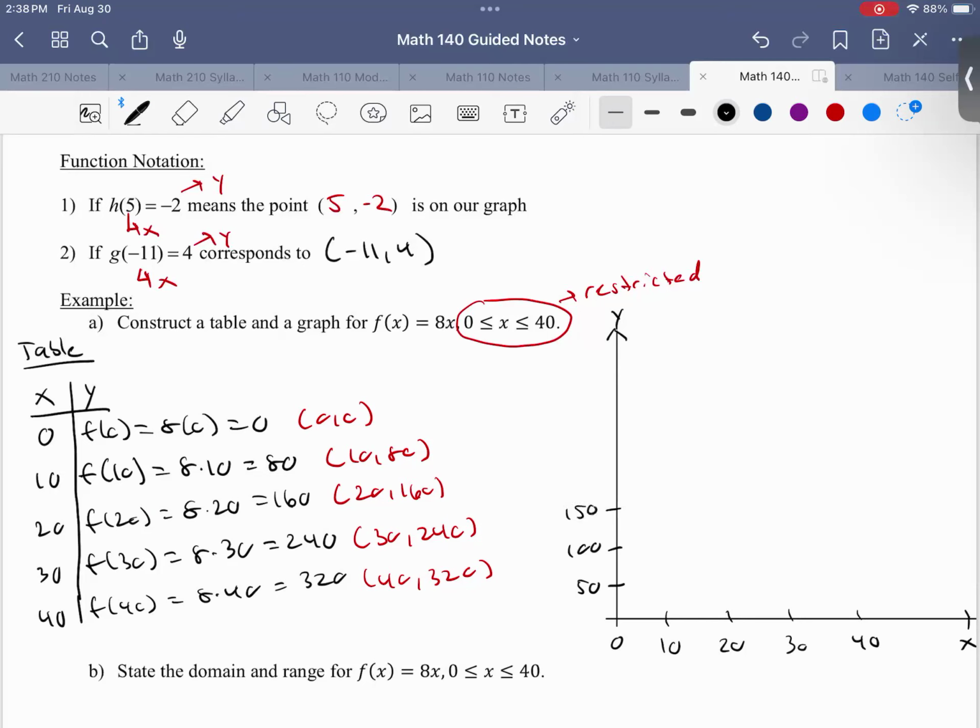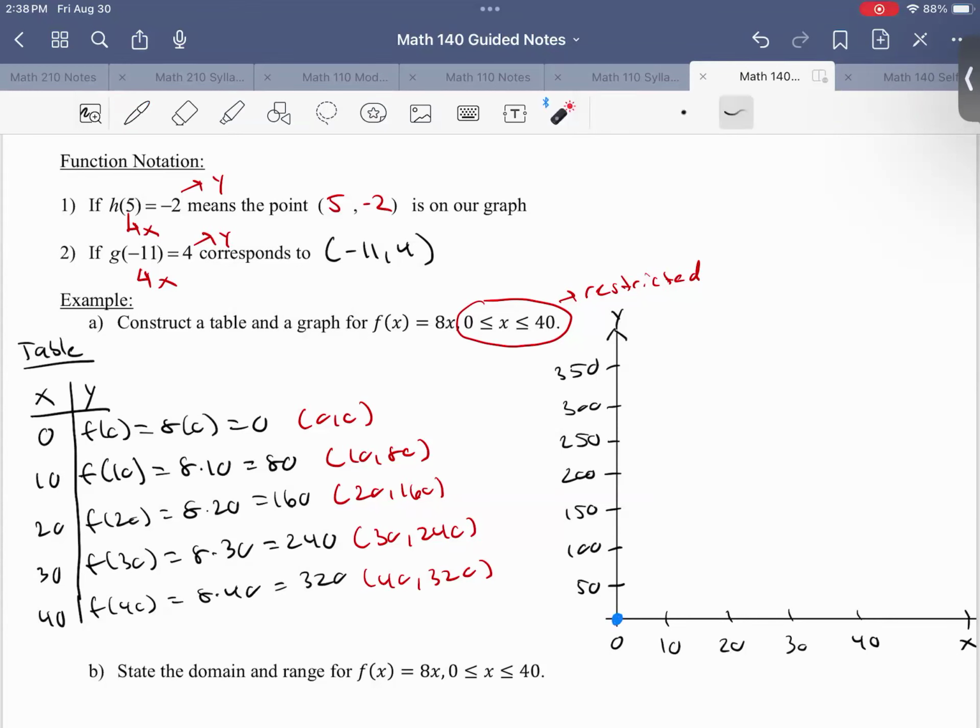100, 150, 200, 250, 300, and 350. That's good enough. It doesn't have to be perfect. We just have to give a rough sketch of this graph. So we have the point (0, 0). It's right here.